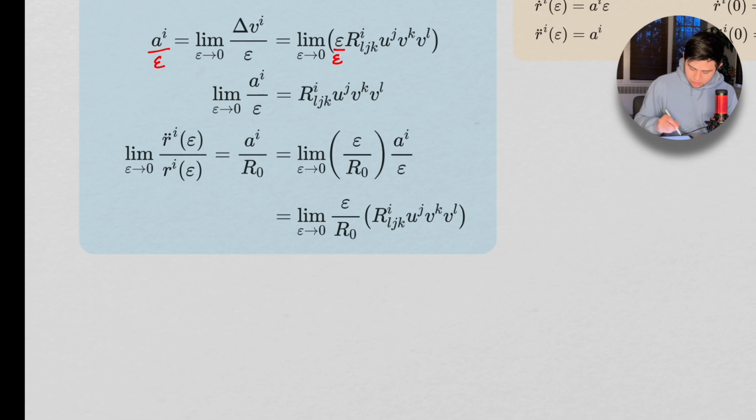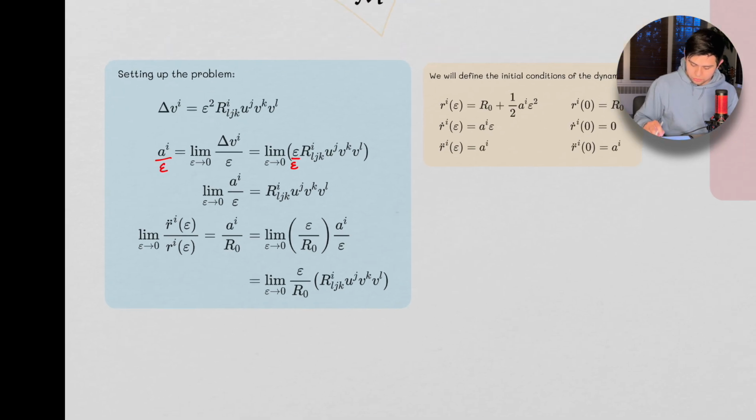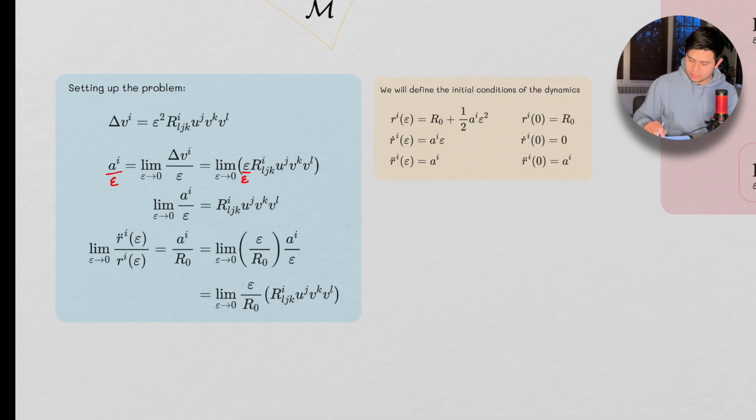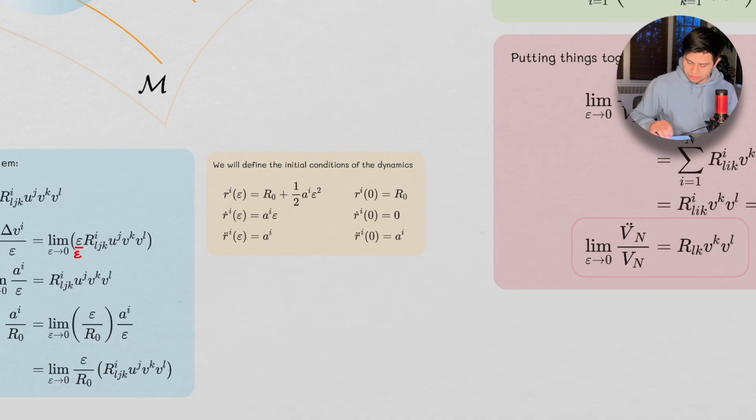So the limit of the double derivative of some radius of a sphere over the, not double derivative, right? This is just the spatial part is good. So that is equal to this right here, and so this is related to the Riemann curvature tensor. All right. So we've set up the problem, we've talked about the initial conditions. Let's continue.